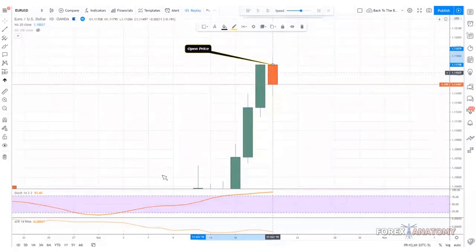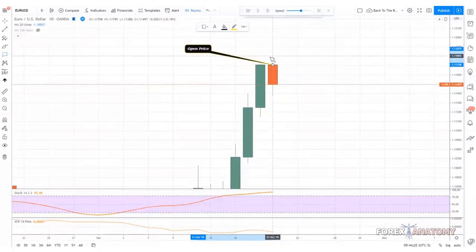For that day, we see that price opened right here, which was around 1.1170. And we had a high and a low for the day. While price is moving throughout the day, it's creating a high and a low. In this case, for this particular pair, price created a high at this wick right here.